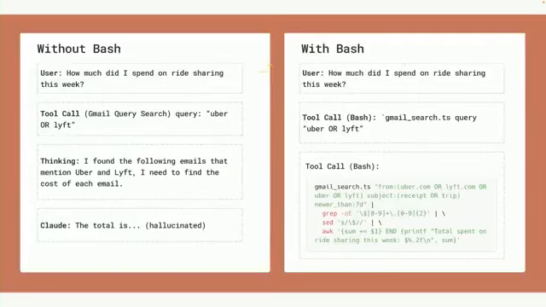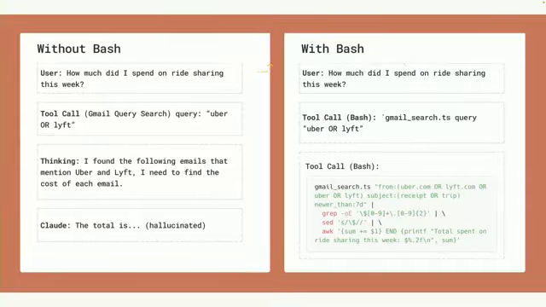To talk about this in the context of non-coding agents, let's say we have an email agent and the user asks, how much did I spend on ride sharing this week? It's got one tool, or generally the ability to search your inbox, so it can run a query like search Uber or Lyft.